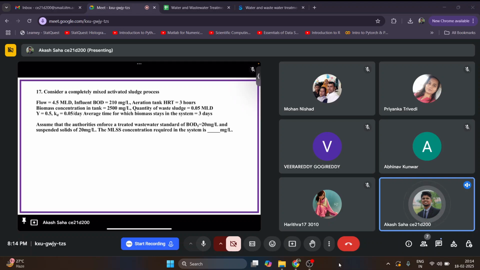In that question we calculated the volume, but here they are asking the MLSS concentration. So the same formula, just a small change, and we can find out the answer.